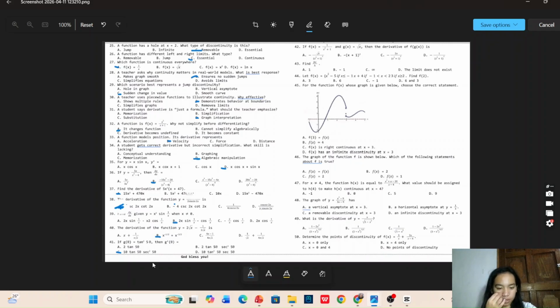I guess the choice is not exactly here, but the closest one is, I think, letter C. It has that 10 tan 5 theta is the preceding one before the sec squared 5 theta.